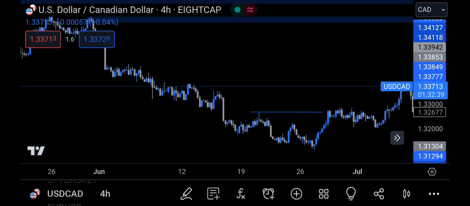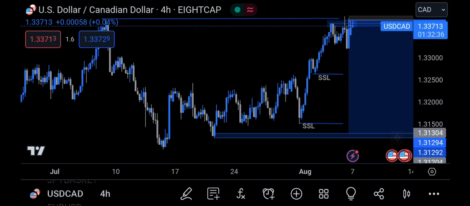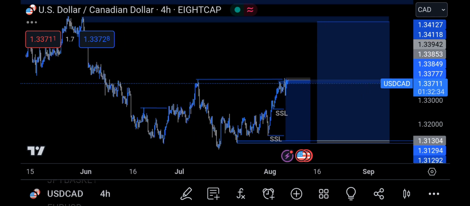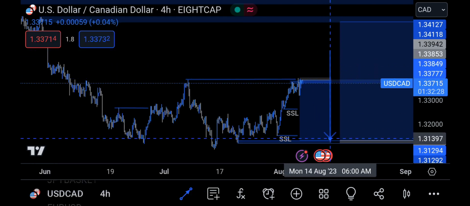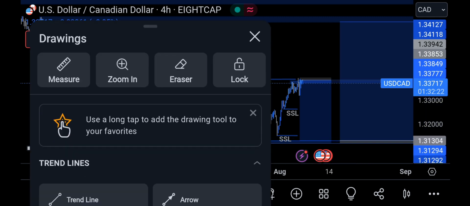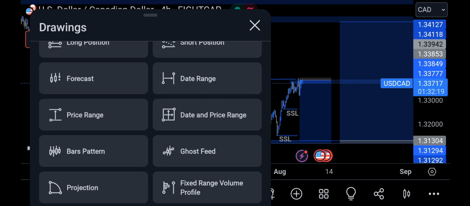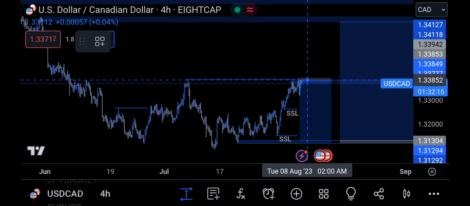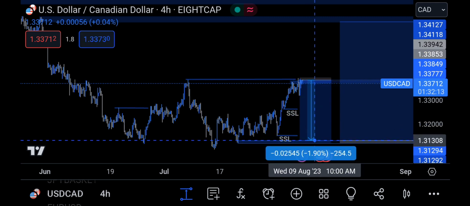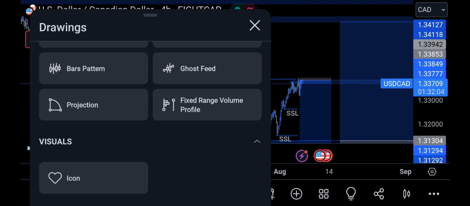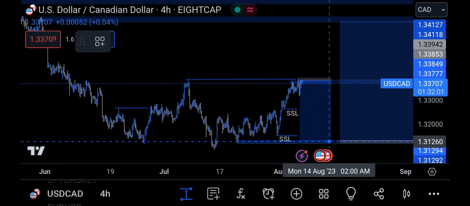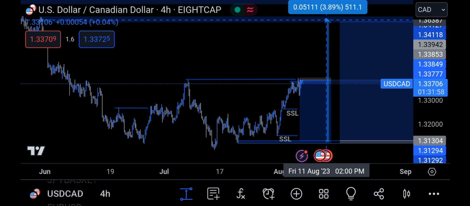This is what we are looking out for. We are selling to the downside at least with 250 pips, then we might buy again from that zone for about 500 pips.